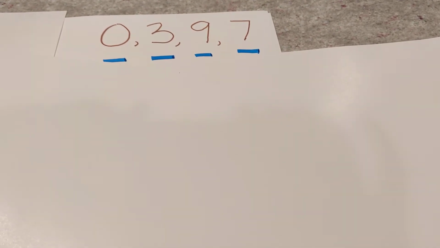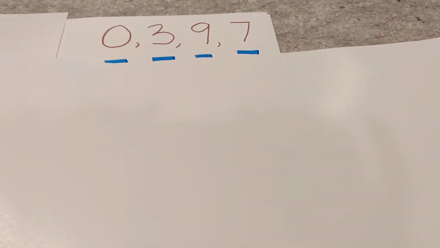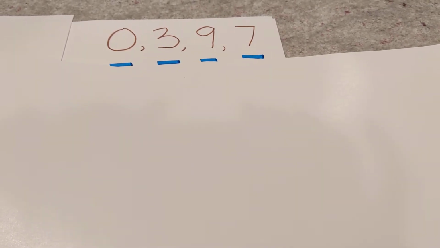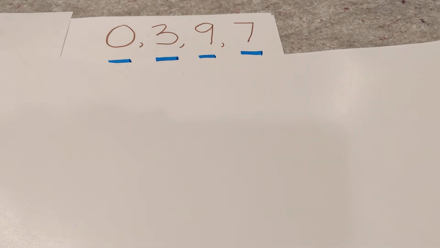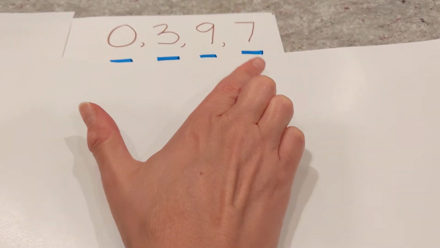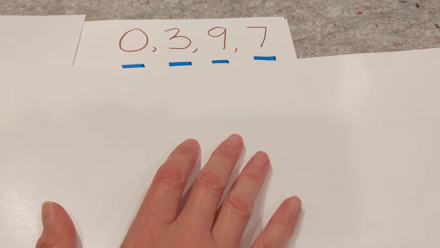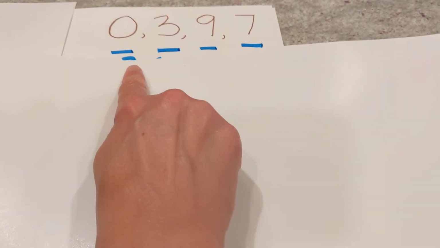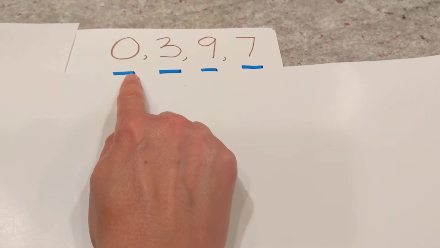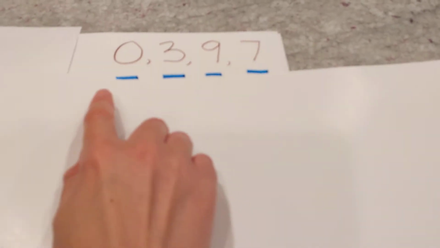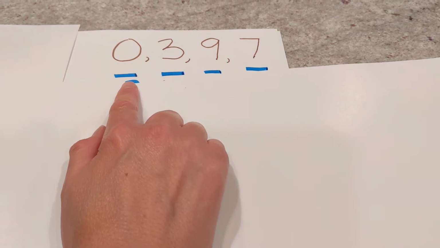Okay, well, if I was going to make my smallest number, I would want my smallest digit to go in the spot that has the most place value. In this case, we have 4 digits, which means we're going to have a number in the thousands. Which of these would be the smallest for thousands? 0, 3, 9, or 7? Well, it would be a 0, except can we start a number with a 0?